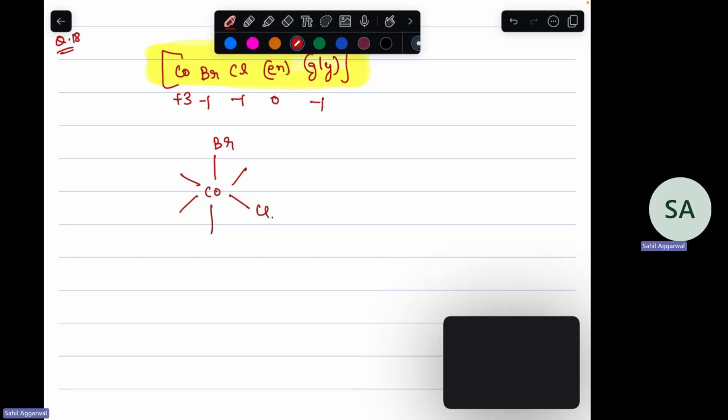But bidentate ligands can only be present at adjacent positions. Anyhow, there won't be any plane of symmetry. It should be optically active only.